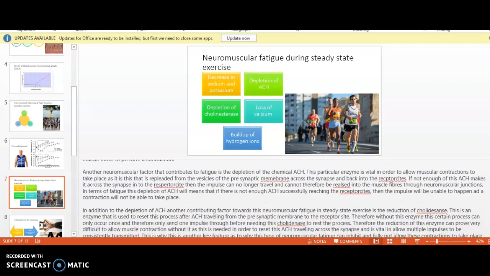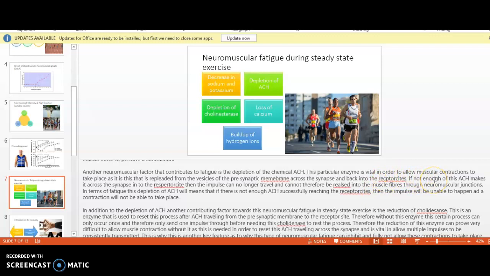Another neuromuscular factor that contributes to fatigue is the depletion of the chemical ACH. This particular chemical is vital in order to allow muscle contractions to take place, as it is released from the vesicles of the presynaptic membrane across the synapse into the receptor sites.